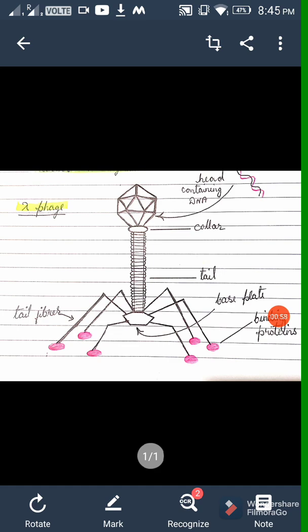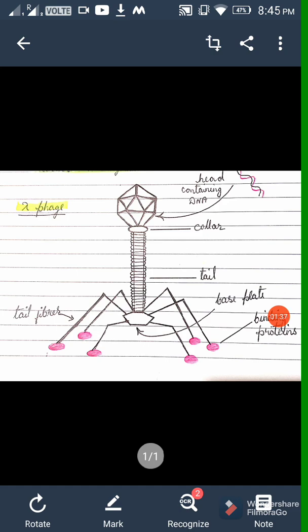This lambda phage was discovered by Esther Lederberg in the year 1950, and the wild type of this virus, as I mentioned, has a temperate life cycle that allows it to either reside within the genome of its host through lysogeny, or it can enter a lytic phase. In the lytic phase it will kill and lyse the cell of the bacteria to produce offspring. We will study in detail its life cycle.